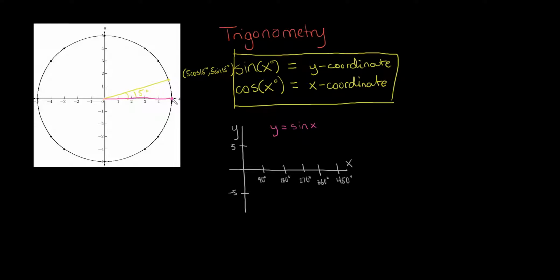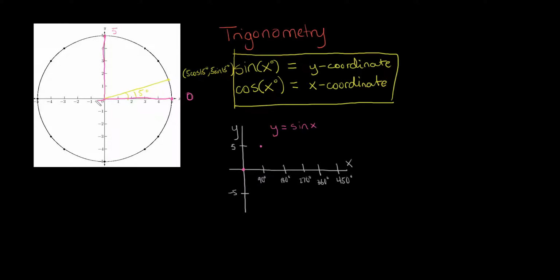Well, clearly at 0 degrees, there is 0 y position. So at 0, y will equal 0. But if we go to 90 degrees, we are purely y. So this entire radius of 5 will be going into the y. So at 90 degrees, we get 5.